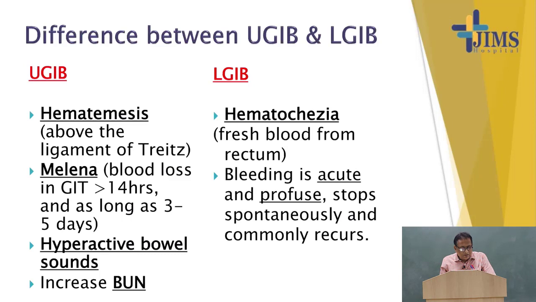There are certain modified scores. One is the modified Blatchford score, with the following factors: anemia, blood urea, and systolic blood pressure. These three factors will determine whether the patient has severe upper GI bleeding.